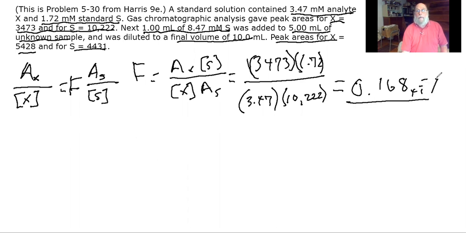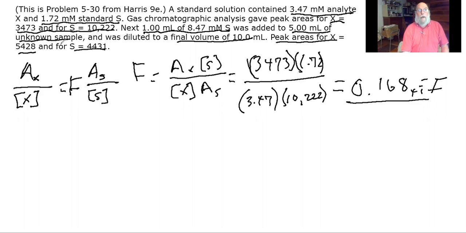Now the next step, what we need to do, we now take a known amount of standard. So we got 1 mil of 8.47 millimolar standard. We took that and added it to 5 mils of our unknown. This is our analyte sample, but this is our unknown. And we diluted it up to 10 mil.